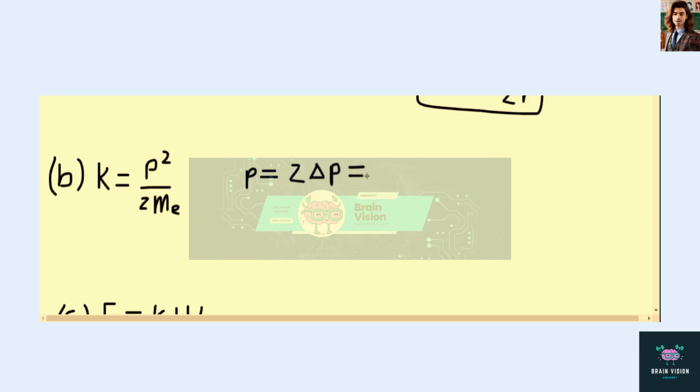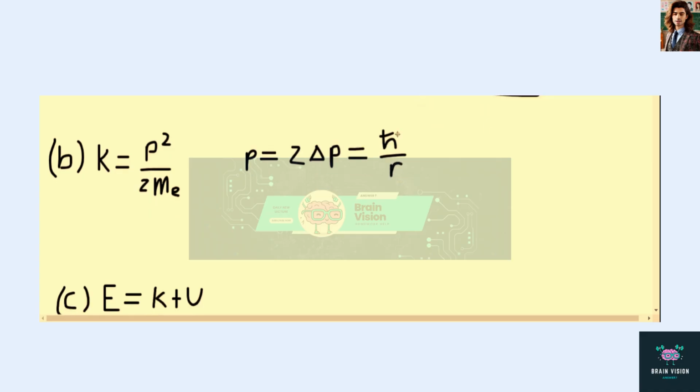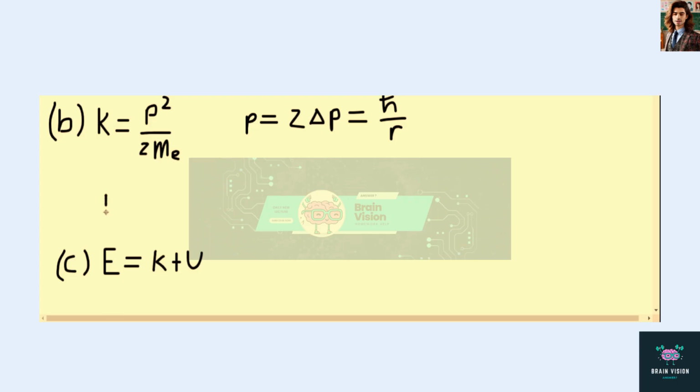So this is equal to h bar over r. Now we can replace p with h bar over r in our equation for K, and we find that K is equal to h bar squared divided by 2 times the mass of the electron, m sub e, times r squared. We can box that in as our solution for part B.